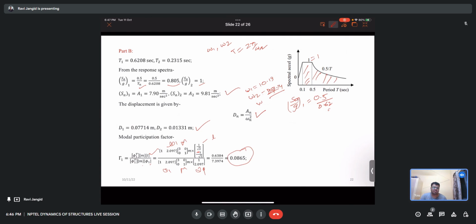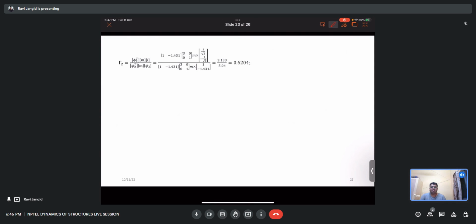So that is coming out to 0.0865, gamma 1. Same for gamma 2. The negative sign is here too, but that is not visible actually. If you put phi 2, mass matrix, L, you will get gamma 2.